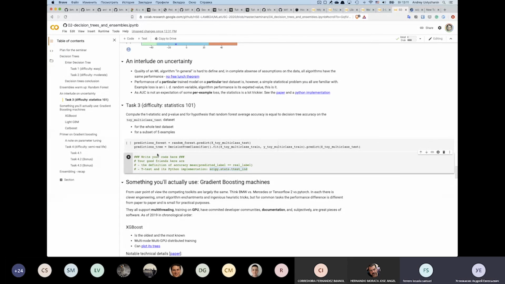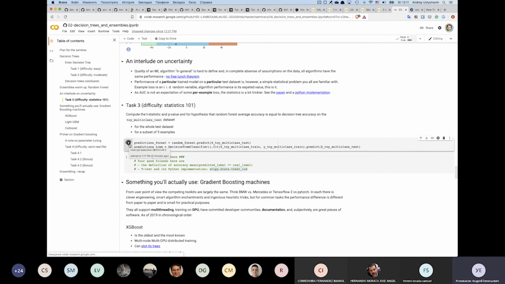Yeah, so we build two classifier predictions: predictions for the random forest and predictions of the single decision tree. And we do this for the toy multi-class test data set.